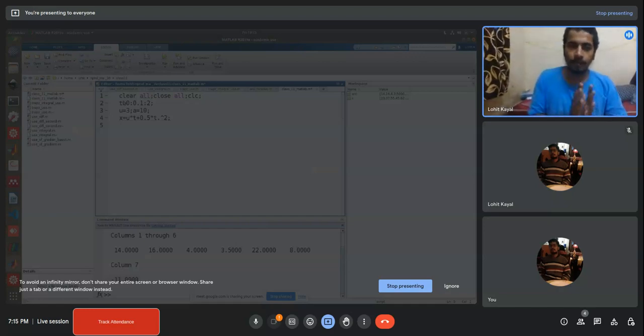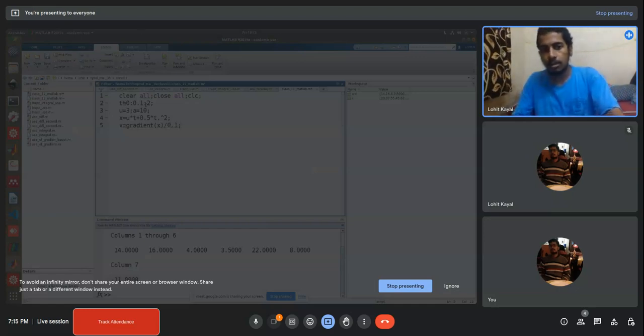Now if I find its derivative, it will give me the velocity. So v equal to gradient of x divided by 0.1. Why 0.1? Because 0.1 is dt.